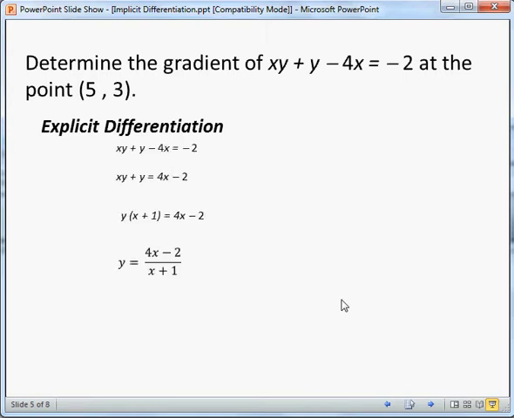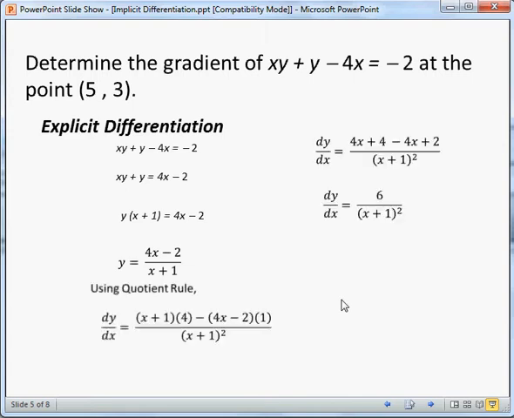There's y. Here's the quotient. Use the quotient rule, and substitute in x. Now, you're using a few different processes there, and you've got squares there, so it's easy to make mistakes.